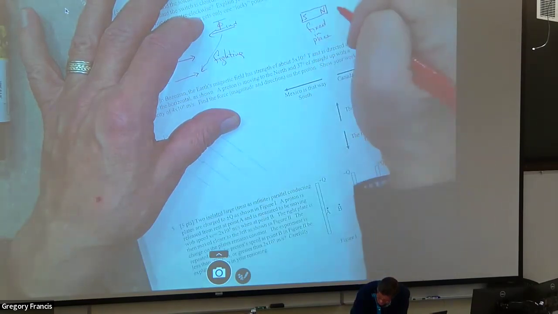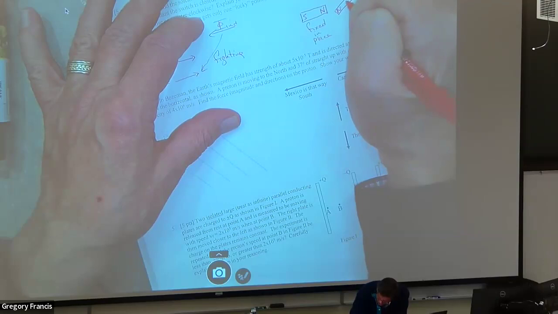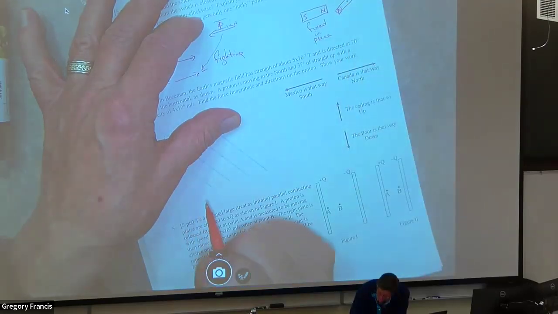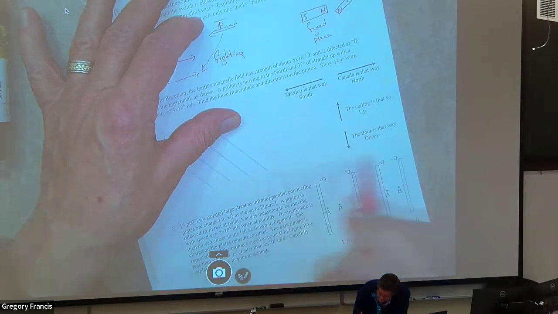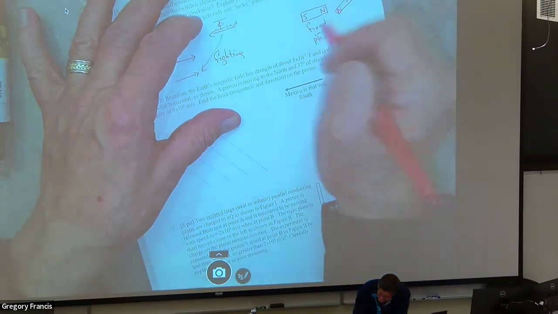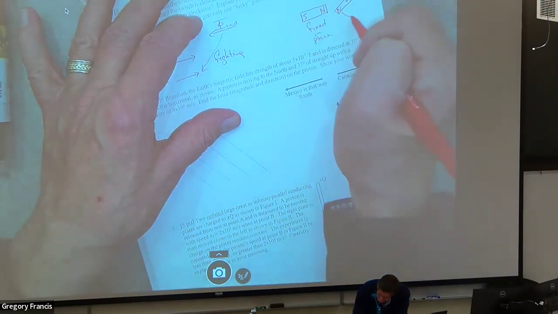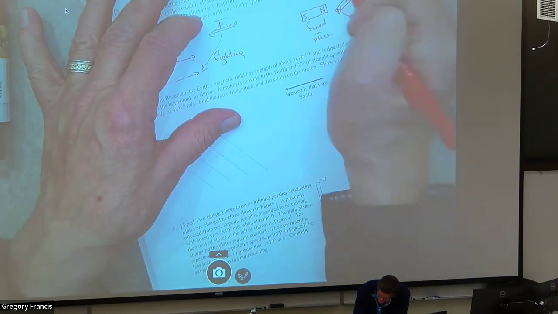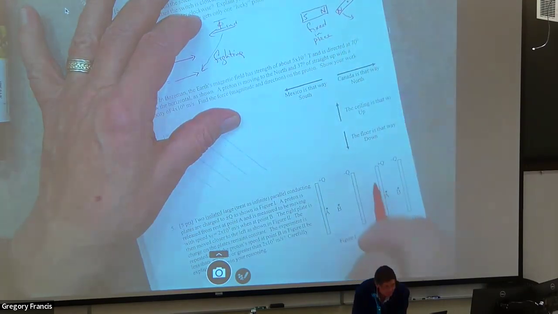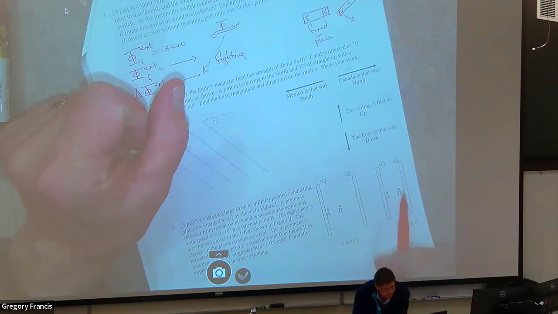And I had another bar magnet that could rotate about that point there. Well, that north and that north don't want to be next to each other, so that's going to swing around like that. And so it would go counterclockwise.